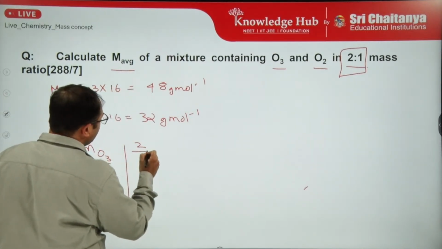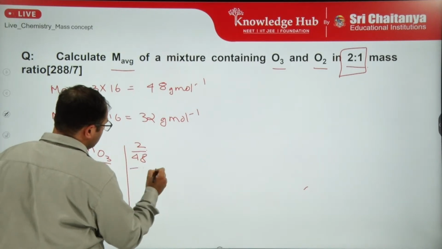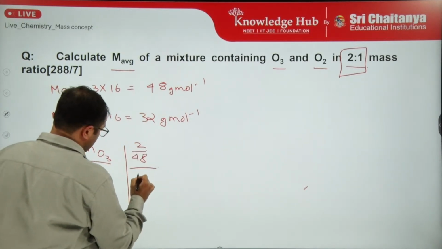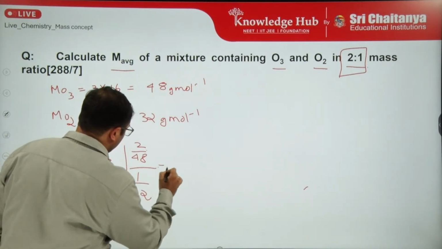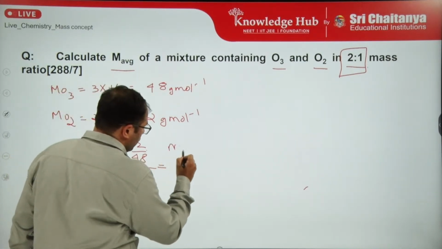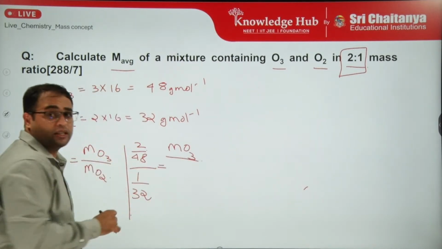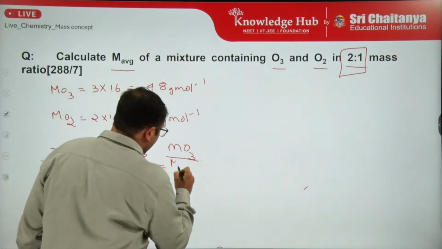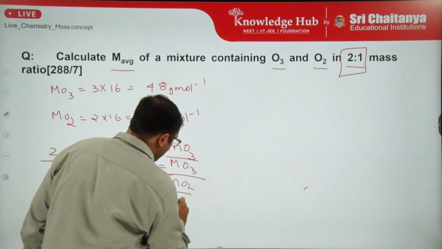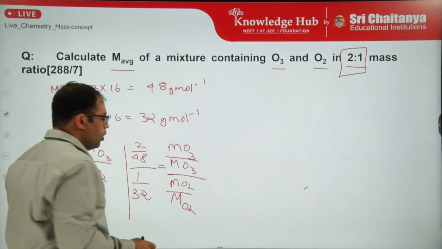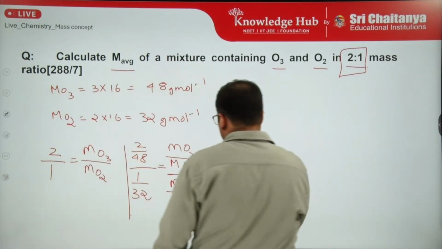So 2 by 48 divided by 1 by 32. Now here, if you divide the mass of O3 by the molar mass of O3 and the mass of O2 by the molar mass of O2, what are you bound to get?